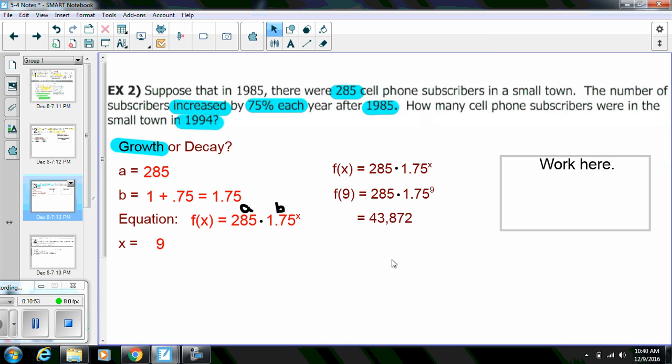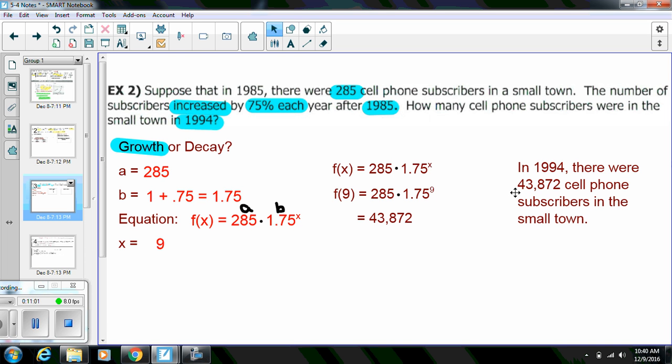I get 43,872. Well, what does that mean? That number says that in 1994 there were 43,872 cell phone subscribers in the small town.